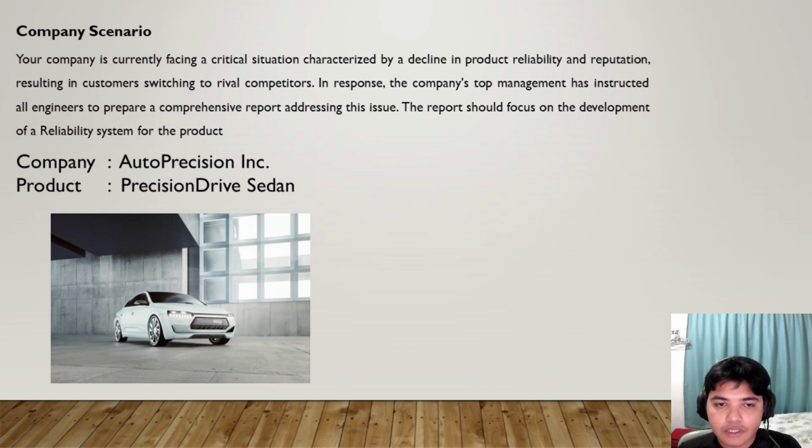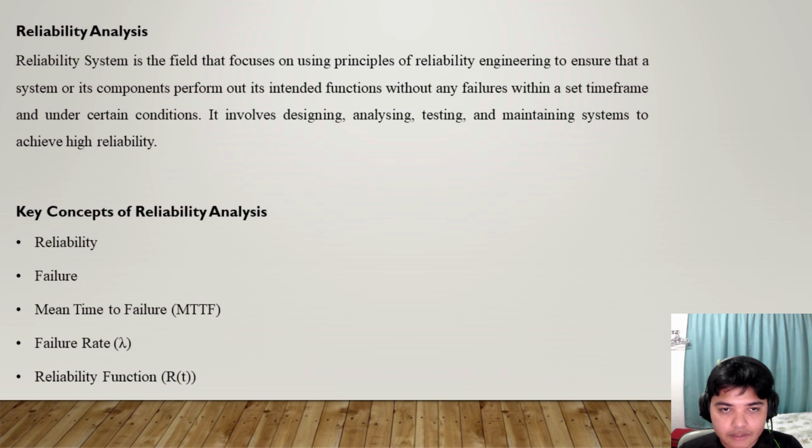So we're choosing a company called Auto Precision Inc., which is our fictional company, and the product will be the Precision Drive Sedan. Reliability analysis is the field that focuses on principles of reliability engineering to ensure that a system is performing its intended functions without any failures.